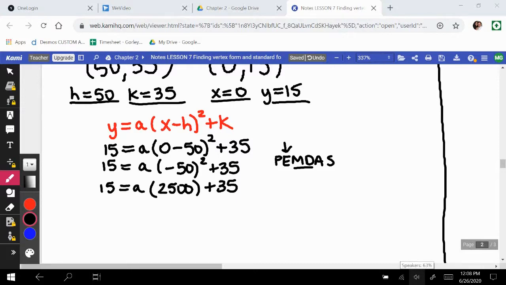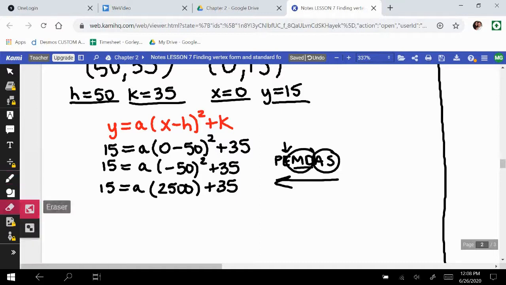All right, now I'm trying to get a by itself. I'm not simplifying anymore. I'm just trying to solve for a. So when I'm solving for a, I'm almost going to use order of operations in the reverse order. Since I'm trying to undo the operations, I'm going to undo any addition or subtraction before I undo the multiplication or division here.